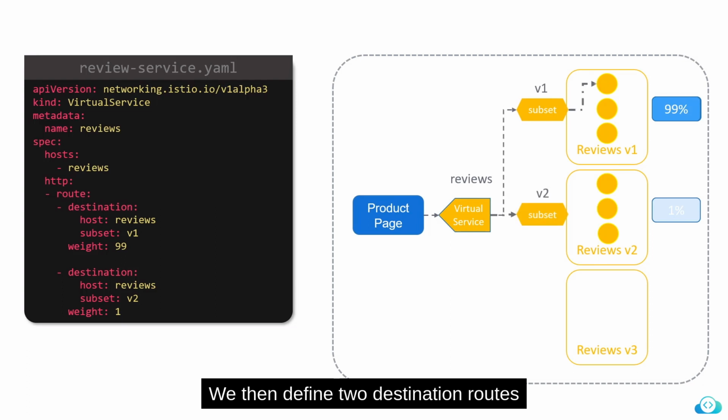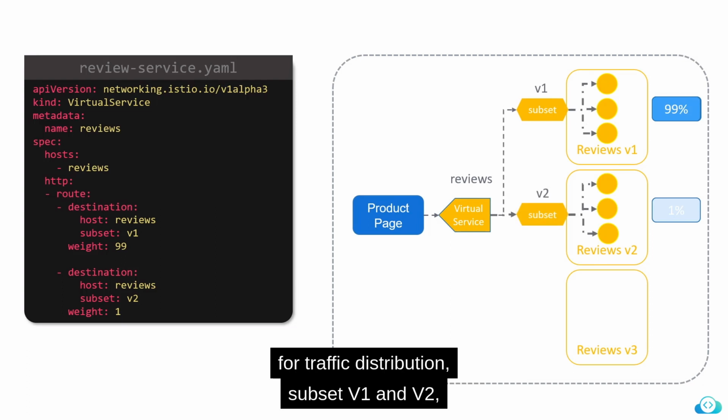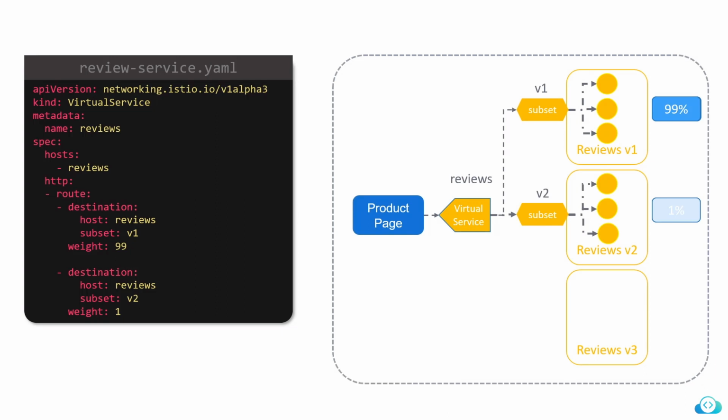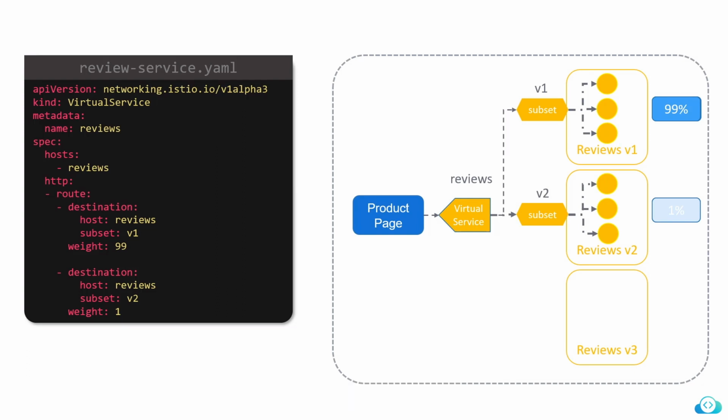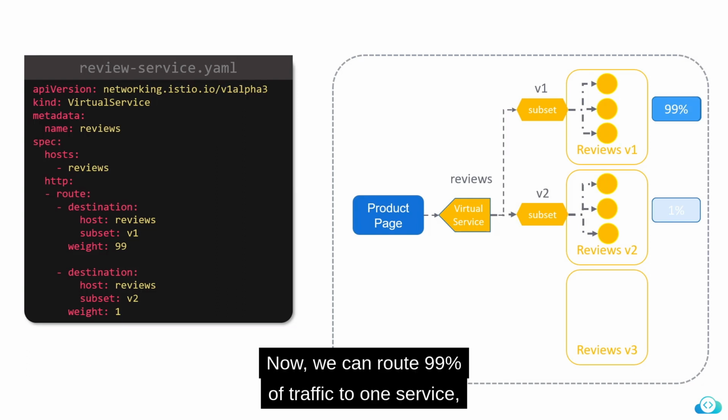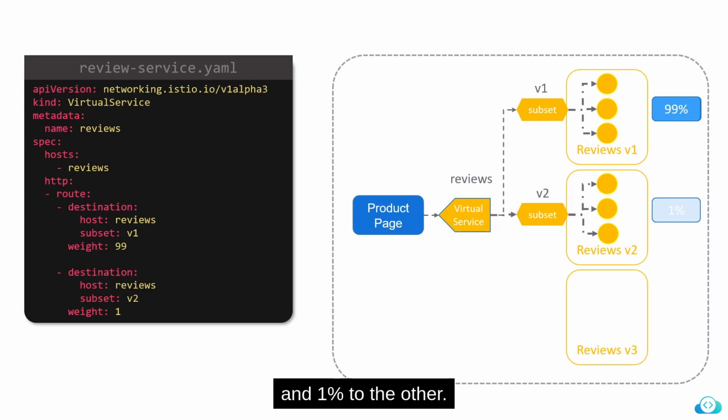We then define two destination routes for traffic distribution, subset V1 and V2. And we set a weight for each, 99% for one and 1% for the other. Now, we can route 99% of traffic to one service and 1% to the other.